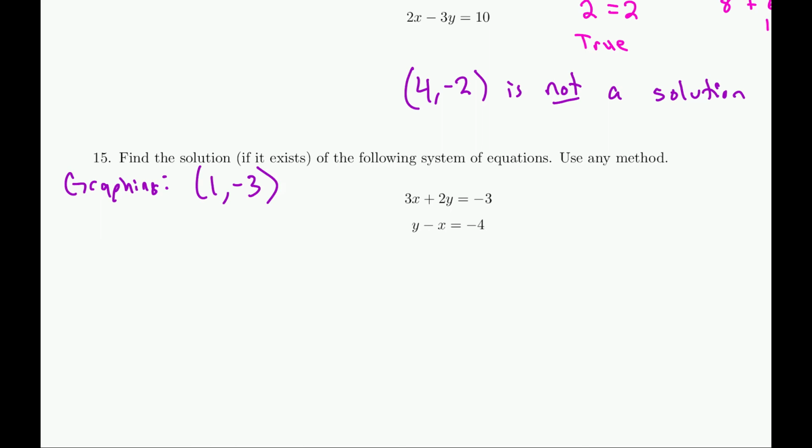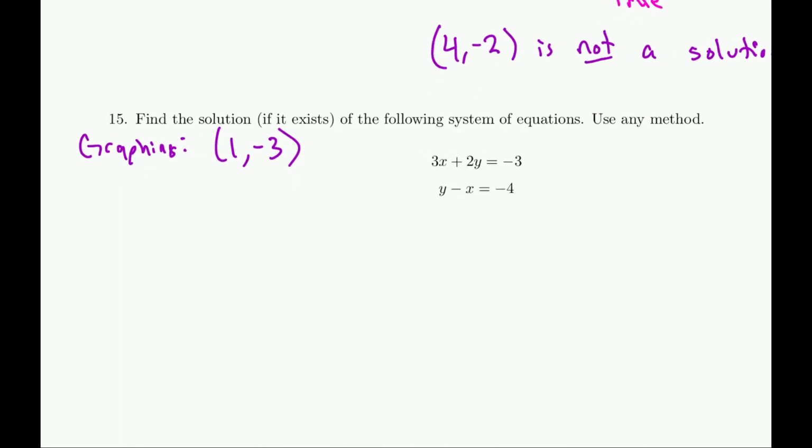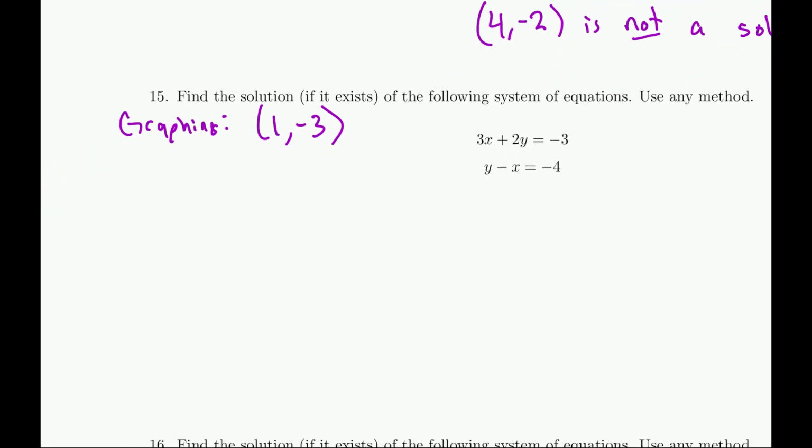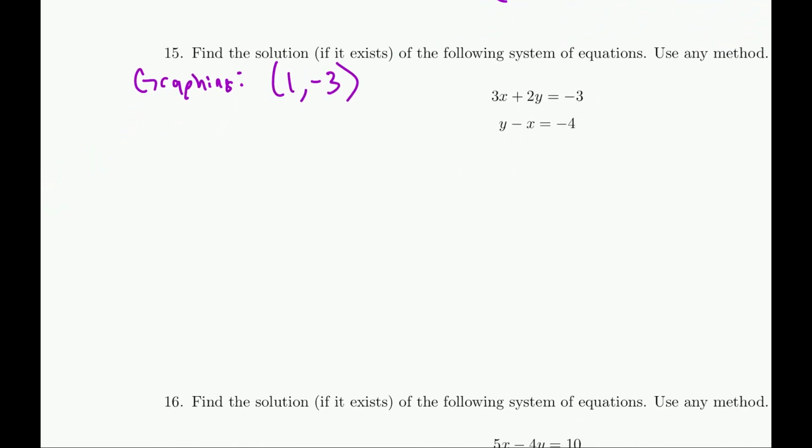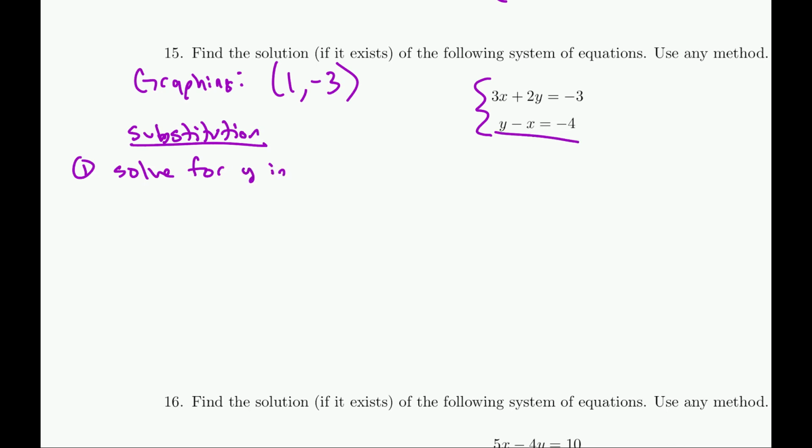Another way to get the answer is going to be substitution. Substitution is like what we did in class on Wednesday. So let's try substitution. For substitution, you look at your two equations and you solve for one of the variables in one of the equations. So I will solve for y in this equation.